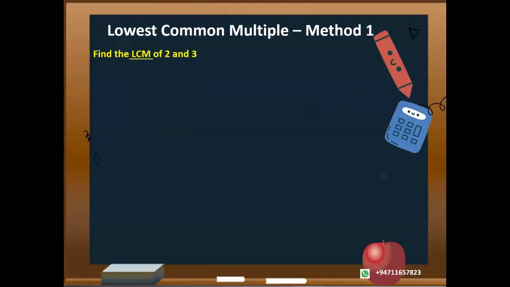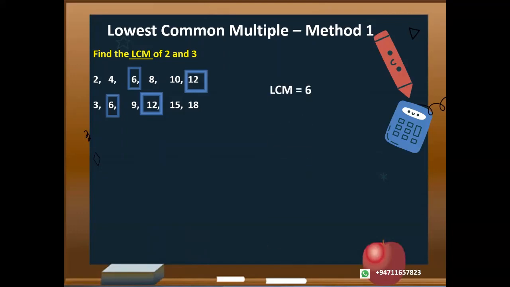Find the LCM or the lowest common multiple of 2 and 3. So what you can do is you can write few multiples of 2 and few multiples of 3. Then you can see 6 is common, 12 is common. Out of the common multiples, the lowest one is 6. So that is the lowest common multiple or LCM.